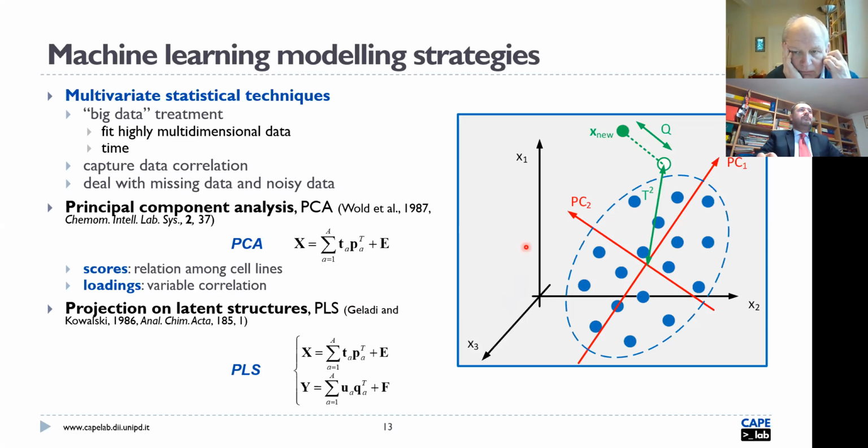And the rationale behind these techniques is that the data are projected into a low dimensional space made of latent variables, which are hidden information related to the few chemical, physical, and biological phenomena that occur in the system. And in particular, I will refer to two mathematical entities, which are the scores and the loadings, where the scores define the behavior of the cell lines, while the loadings retain information on how variables are correlated.